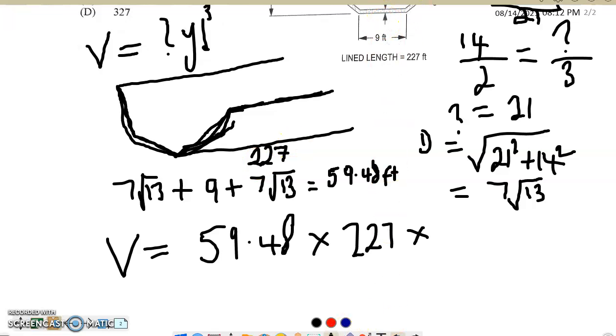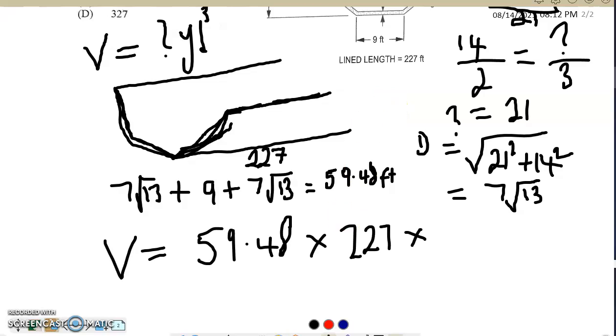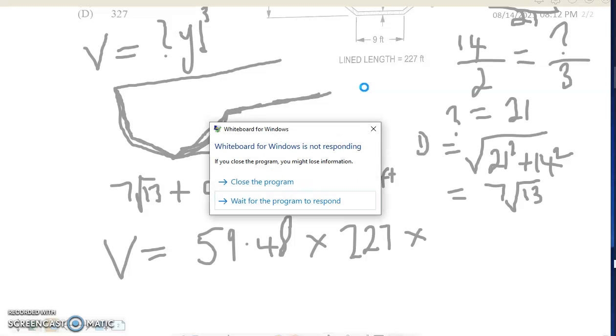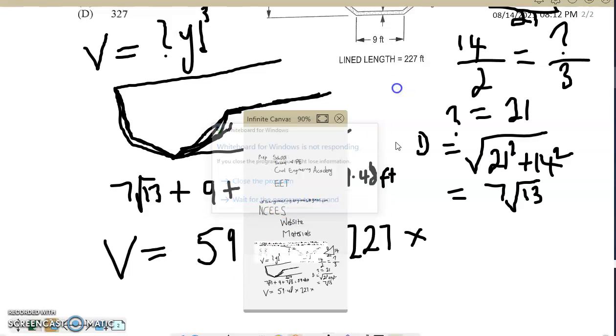Let me move back up and down to see it. My computer is frozen again. I'll wait for the program.